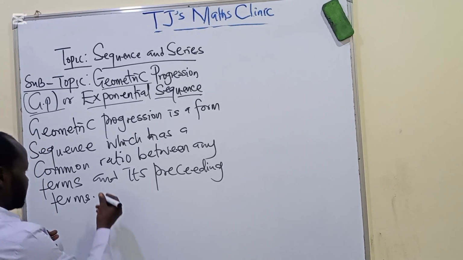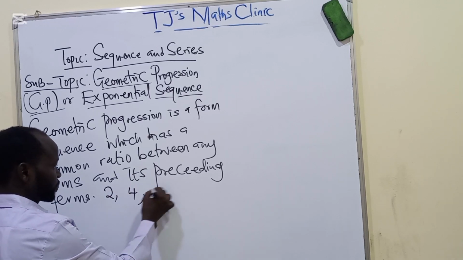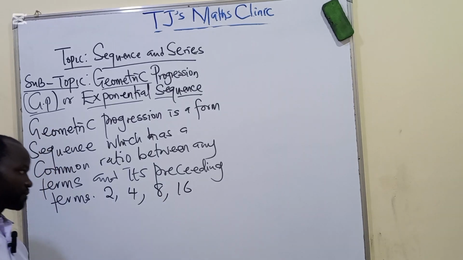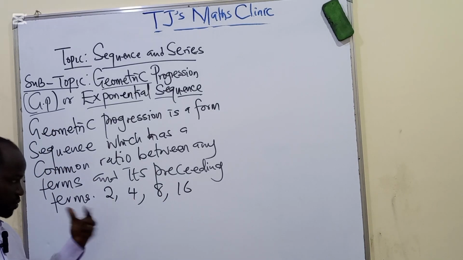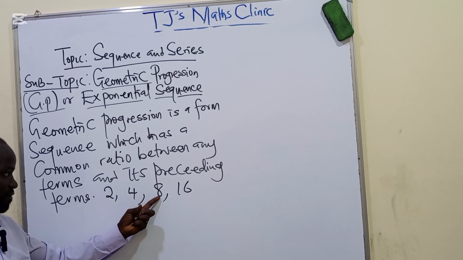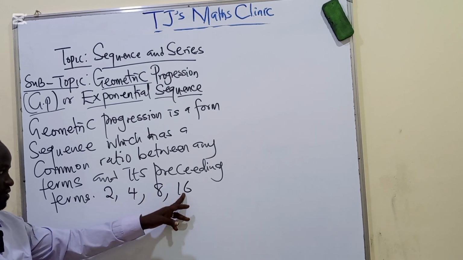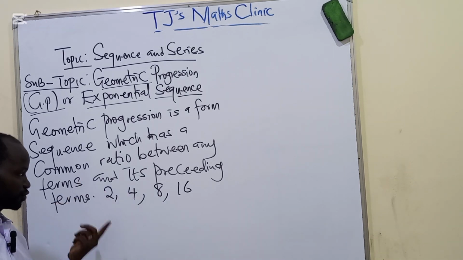E.g., let's say we have 2, 4, 8, 16. Observe here that when we say 4 divided by 2, we're getting 2. When we say 8 ratio 4, we're getting 2. When we say 16 ratio 8, we're getting 2. So they have the same common ratio.